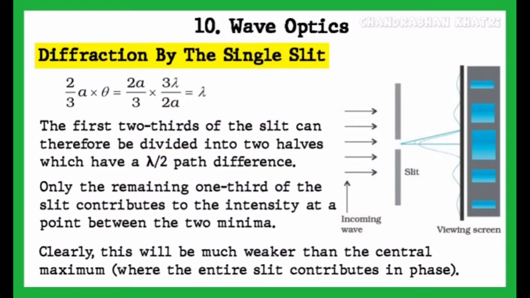Only the remaining 1/3 of the slit contributes to the intensity at a point between the two minima. Clearly, this will be much weaker than the central maximum, where the entire slit contributes in phase. As you can see, the central maximum in this diagram.